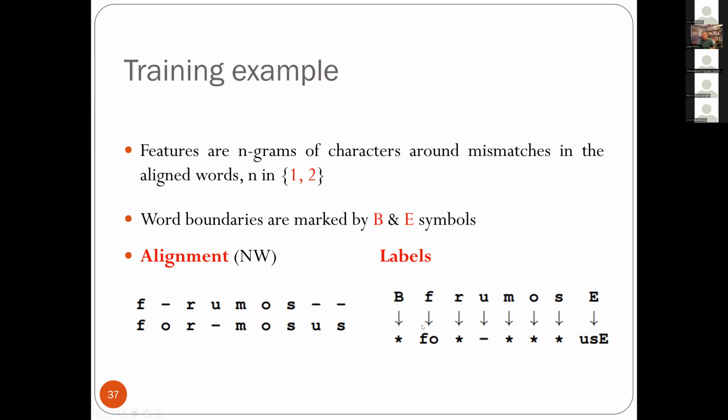F is labeled with FO, because we have here an O, which is an insertion in Frumos to obtain the alignment. U is deleted, and the last one is when we have the E, the end of our word. Like in cognate identification, we mark the beginning and the end of the words with different symbols, B for begin and E for end.